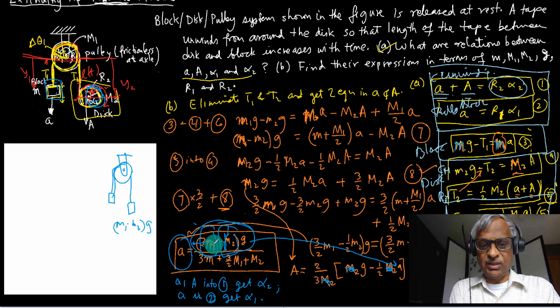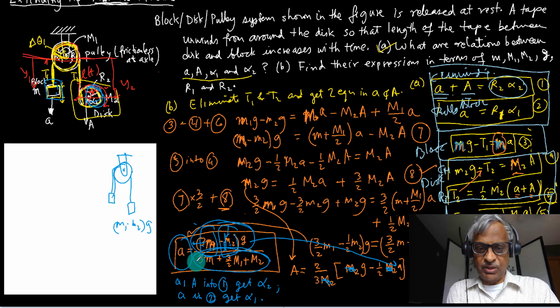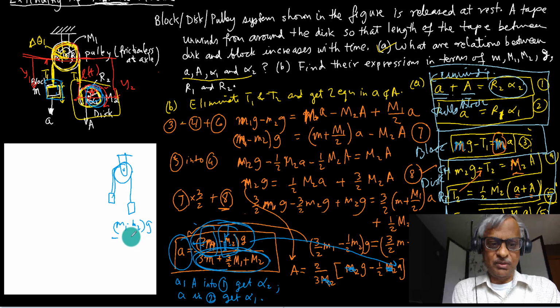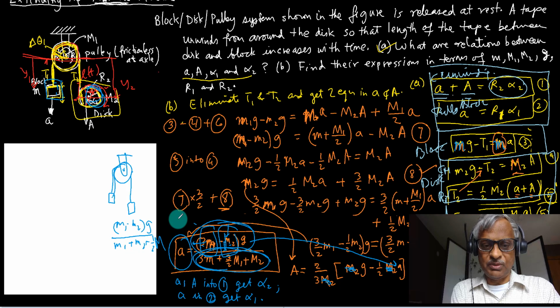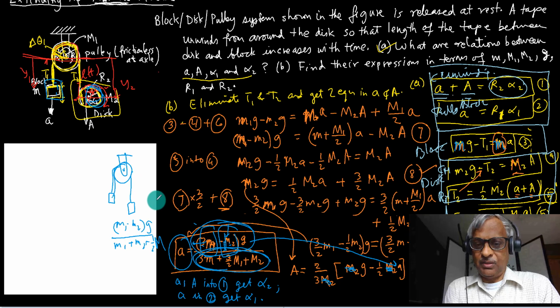Here actually is 3m minus m2. Denominator is also kind of a little more complicated than that. Here the denominator was m1 plus m2 plus half capital M. So there are differences that appear.